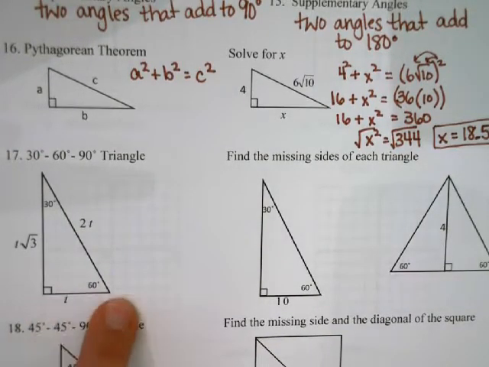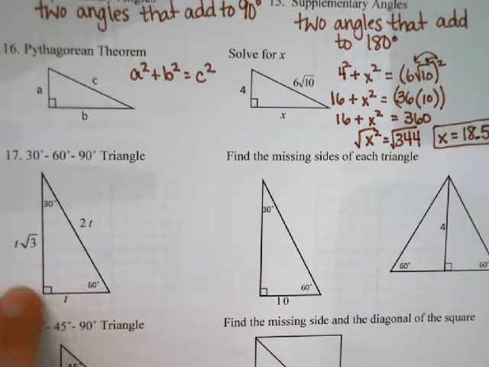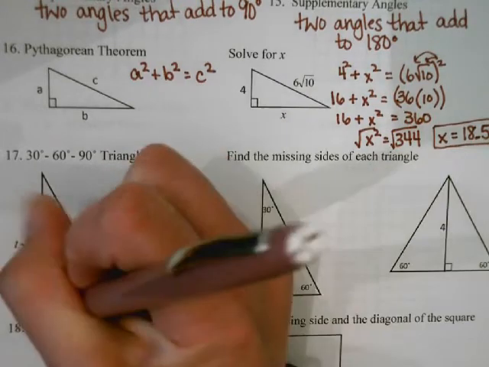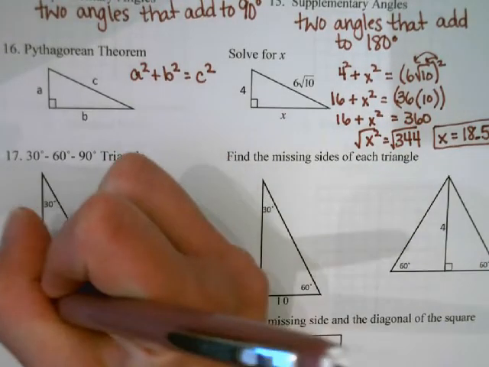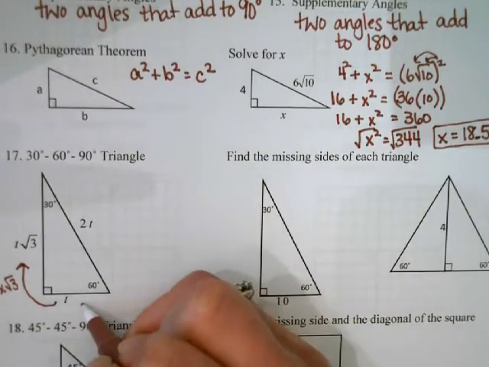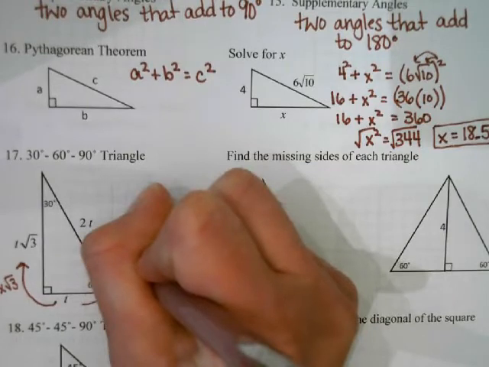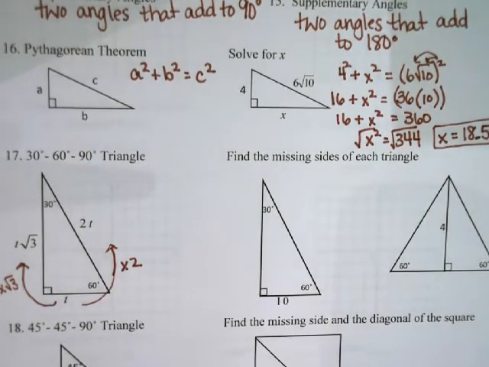The short leg we call t or x. Then we can multiply by root 3 to go to the long leg. We can multiply that short leg by 2 to get to the hypotenuse.